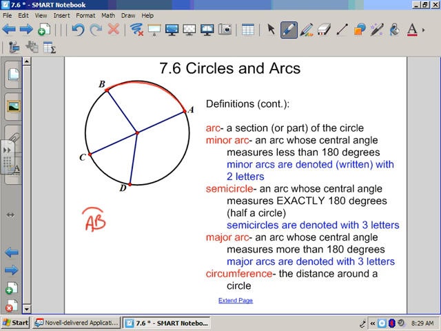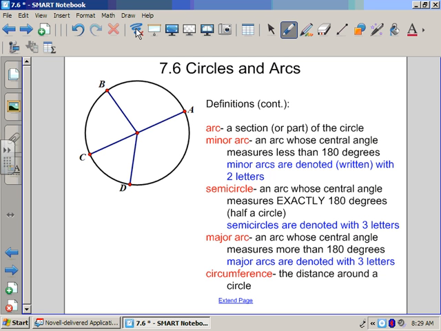I put the beginning and the ending of the arc, and the little curve on top tells me that it's part of a circle, or an arc. AB has a central angle that is less than 180 degrees. It's called a minor arc. And because it's a minor arc, I only need two letters to name the arc. A semicircle is an arc that measures exactly 180 degrees, or half of a circle.